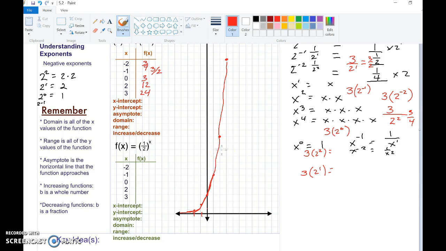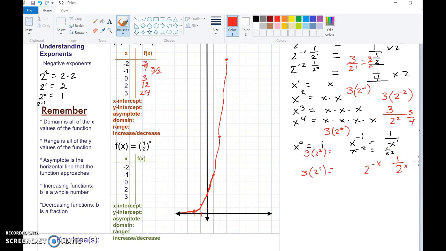Because let's think about this. If we kept going in the negative direction, if x was negative 4 or negative 24 or negative 15, it would always be 2 to the negative whatever we put there. We'll just say negative x, which means it's 1 over 2 to the x.